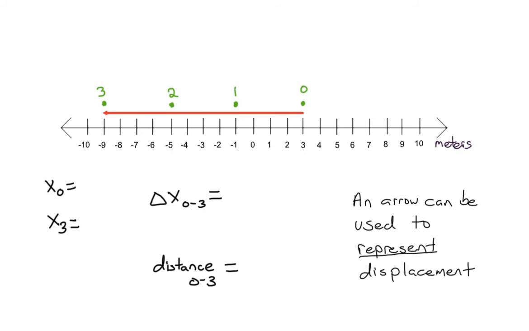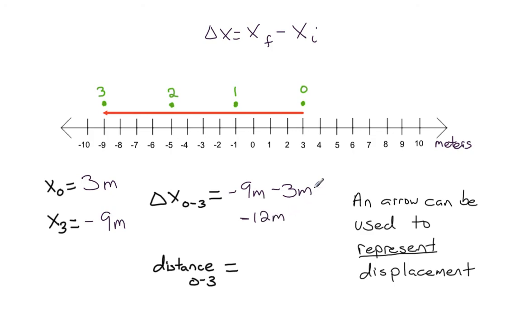The initial position over here is 3 meters. The final position is negative 9 meters. And if I use that the change in position is the final position minus the initial position, I get a final position of negative 9 meters minus the initial position of 3 meters, I get negative 12 meters.